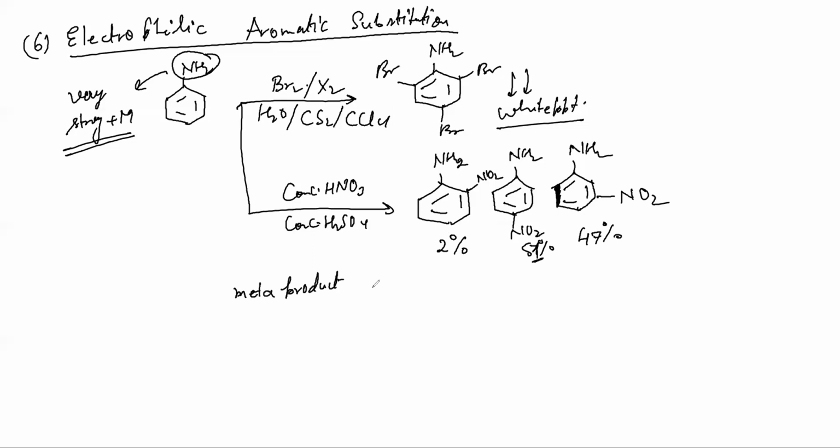You can write one line: meta product is formed due to protonation of aniline in acidic medium.